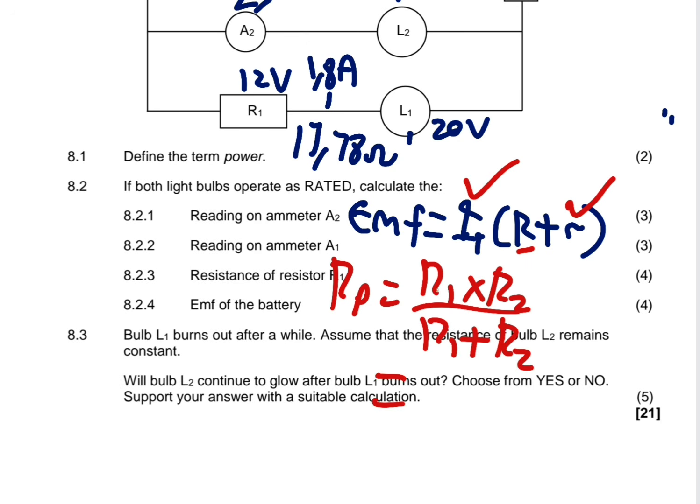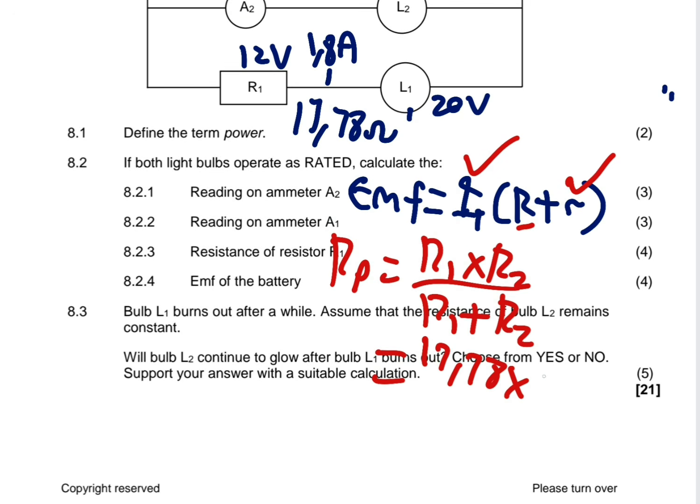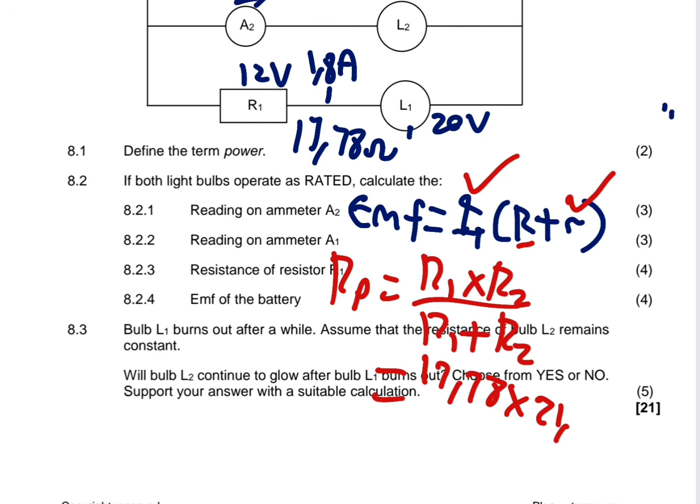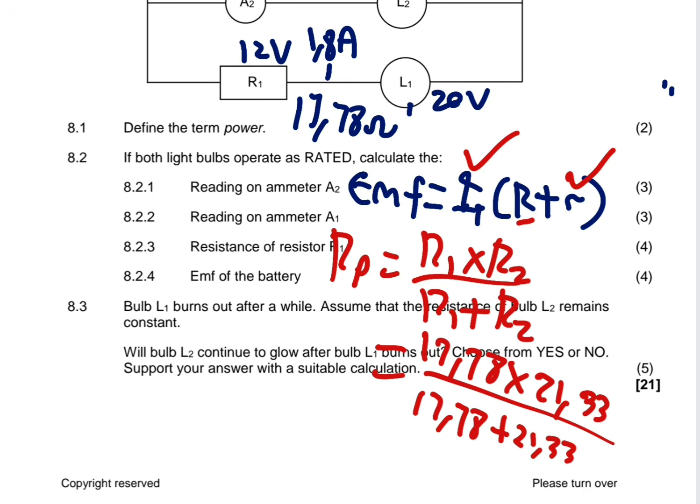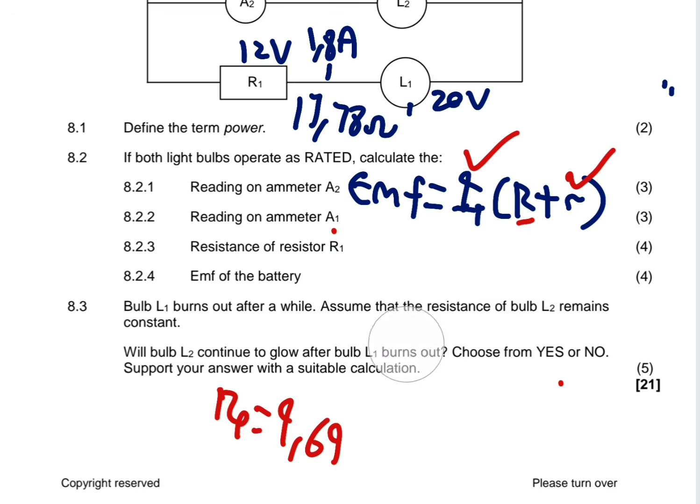So R1 we take as 17,78 multiplied by L2, which is 21,33, over 17,78 plus 21,33. Okay, I think I'm getting a value of R parallel as 9,69. So that will be the total found for R parallel, 9,69.